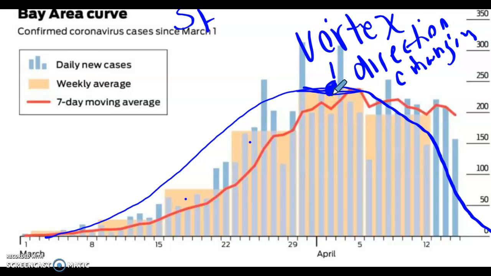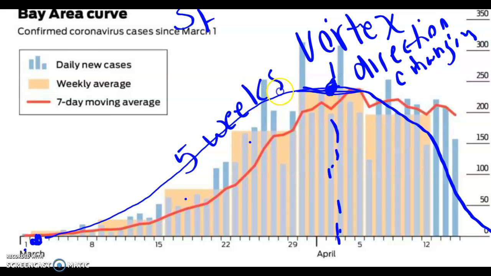And the axis of symmetry, you can guess, so basically this is where you would make your prediction. So however long it took to get from the beginning to the peak is how long you would expect. So it looks like this took 5 weeks. If the curve continues on this quadratic function, then it's going to be 5 weeks on that side as well.